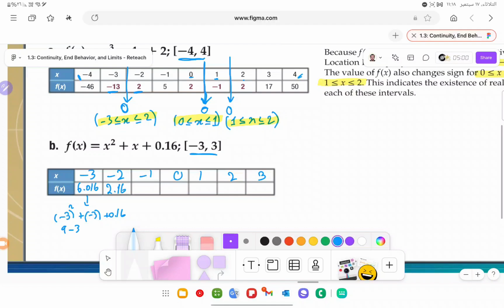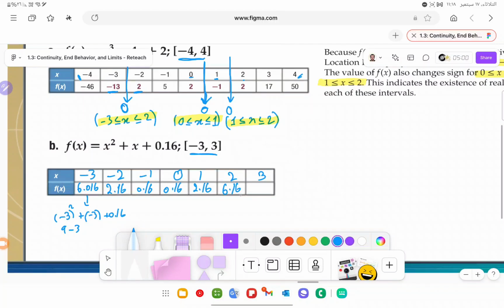Negative 1 replaced would be 1 minus 1, 0, so 0.16. If I now replace 0, it will be 0.16. If I replace now 1 squared, 1 plus 1, so it will be 2.16. 4 plus 2 is equal to 6, 6.16.